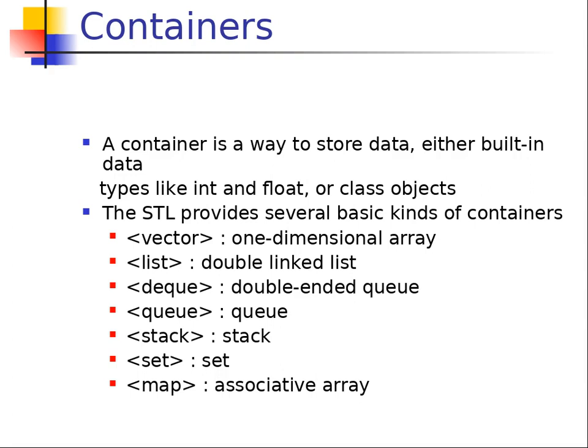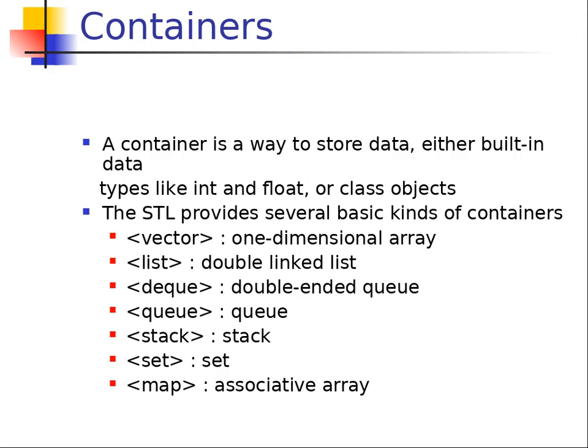All right, common containers. There are more containers than these, but these are probably the ones you're going to be using the most in this class. Vector, that's your one-dimensional array. List is a doubly linked list. I don't think there's a singly linked. Deque, double-ended queue, so you're going to pop and push to the front and the end. You got a queue, regular queue, just push and pop.